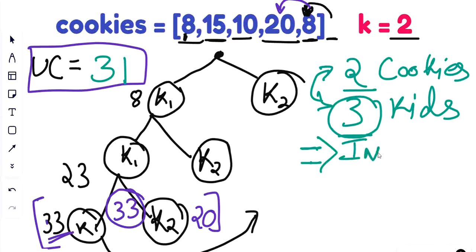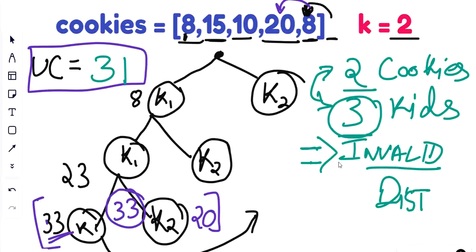That will be an invalid distribution, because we want a valid distribution, and that even with minimum unfairness. That's why we will try to eliminate this condition. So this was the whole explanation of this problem.